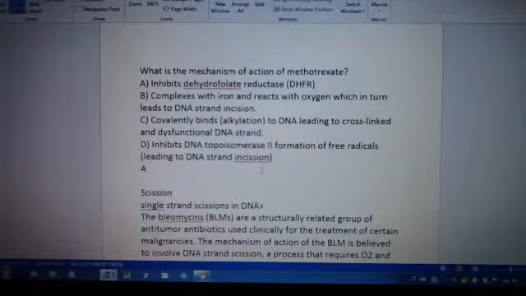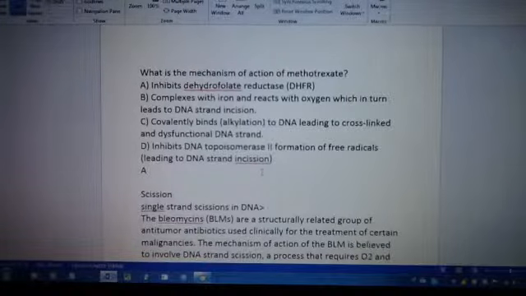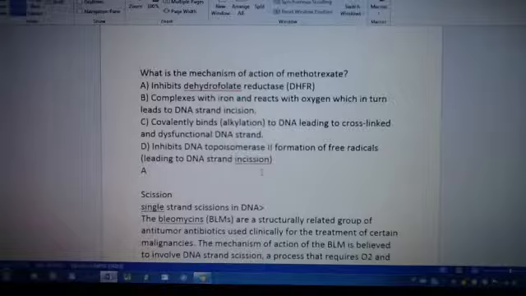C. Covalently binds, alkylation to DNA, leading to cross-linked and dysfunctional DNA strand. D. Inhibits DNA topoisomerase 2, formation of free radicals, leading to DNA strand scission, not incision. So what is scission? Anyway, the answer is A. It inhibits dihydrofolate reductase. That's the action of methotrexate.